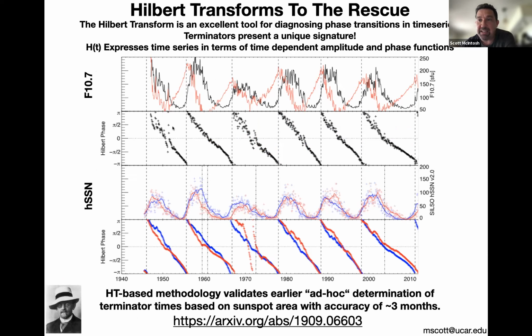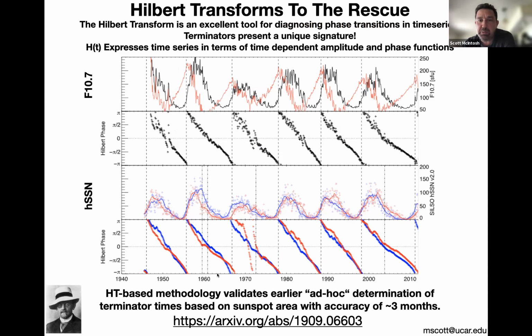It's like going to high school with time series analysis versus elementary school with Fourier transforms. And what you see is that the phase jumps. So you can see that when the time series goes through a rapid acceleration, you get a phase jump, and that phase jump goes through one complete rotation. And those basically coincide with the terminator events.